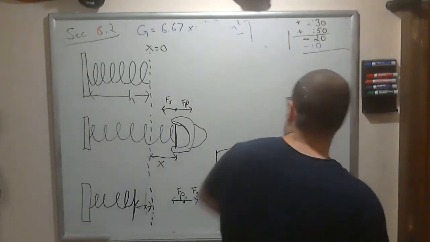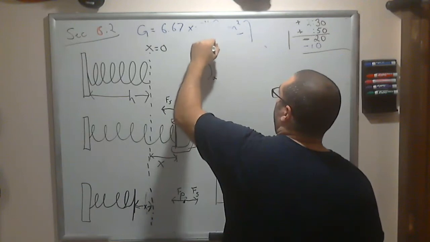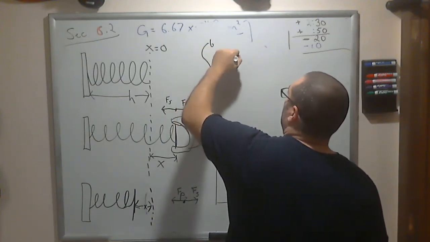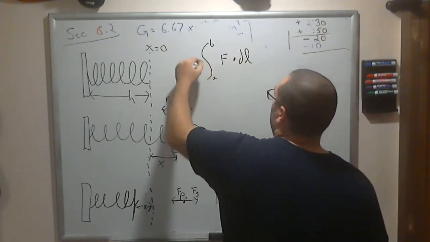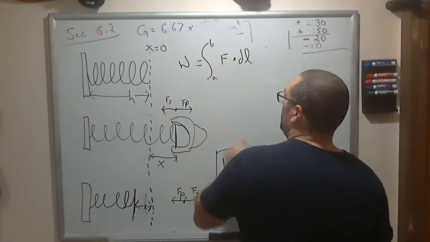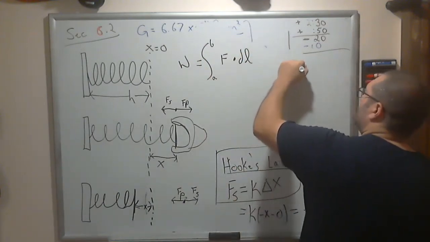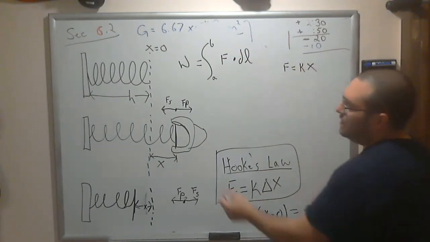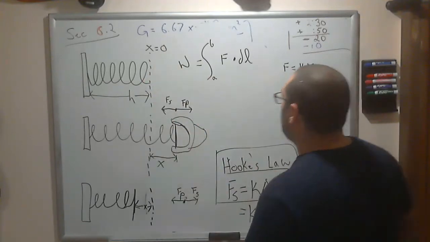So let's start off with the general formula for work. It's the integral from A to B of force dotted with dl, and this is the work. So in our case, what's the force? Well, the force is just Hooke's law. I'll just leave x instead of delta x. We'll take the equilibrium position to be 0.